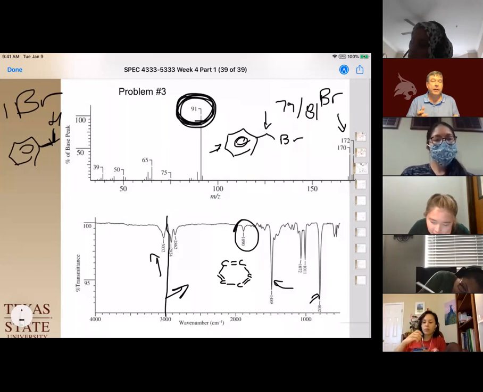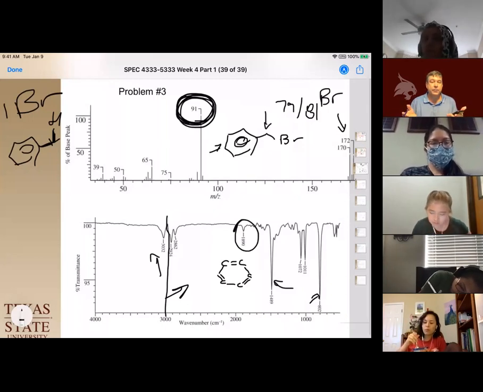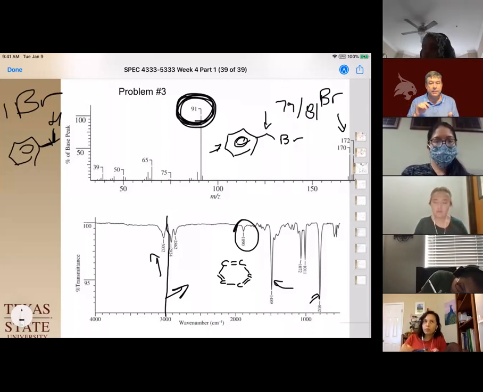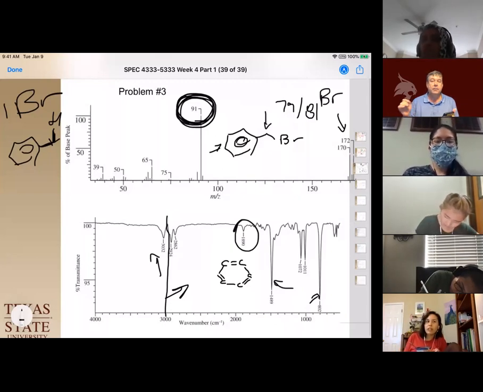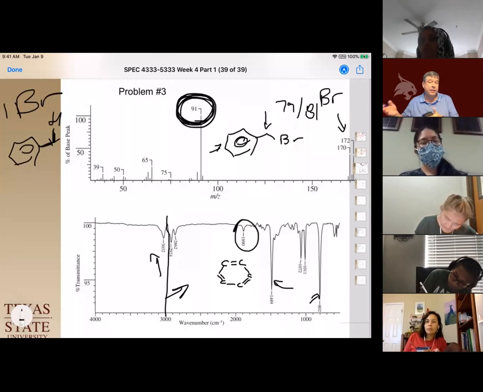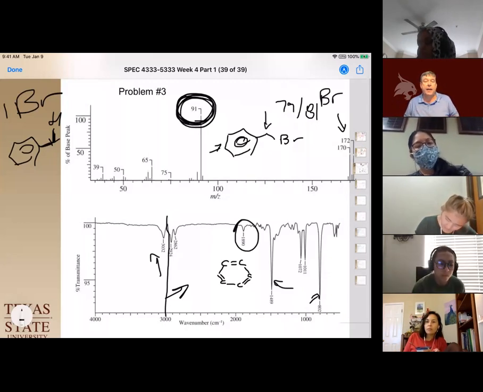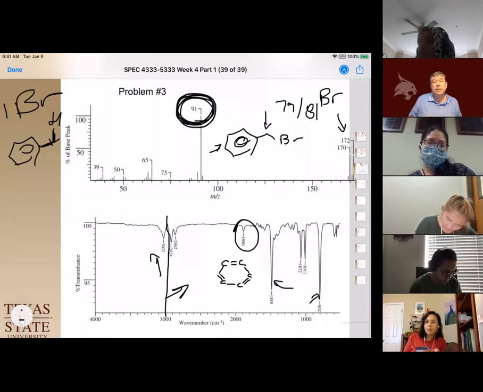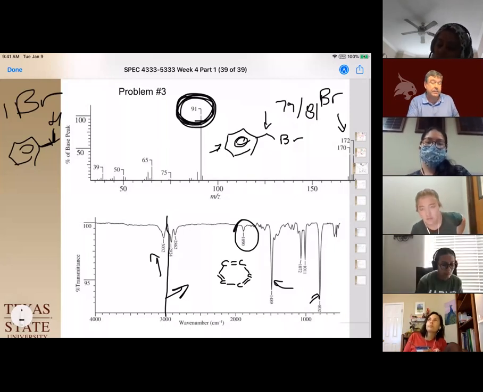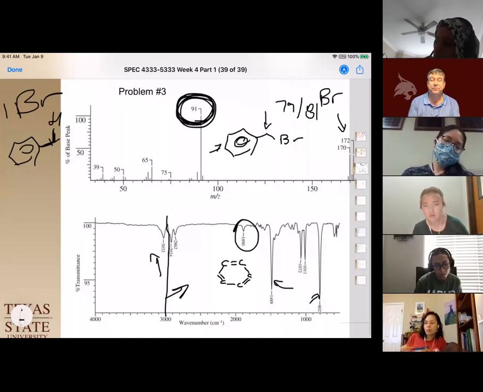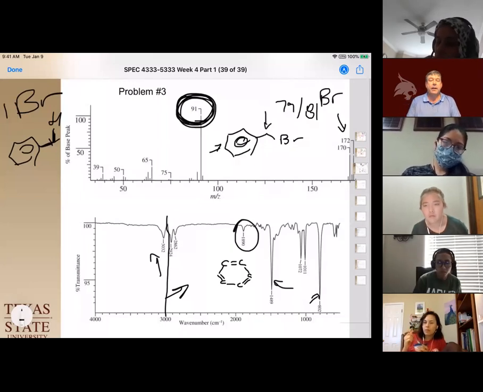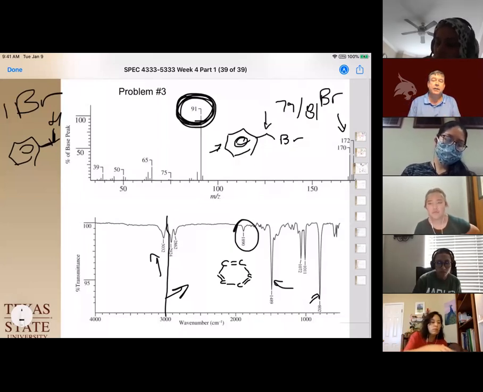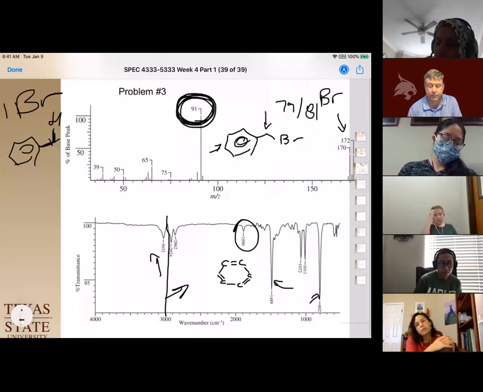And if we look at our hydrogen deficiency index, it's 7 plus 1 minus half of 7, so that's 3.5. So we must have an ion. If we can't have that half because of the ion, we add a hydrogen, and that gives us our hydrogen deficiency of 4.